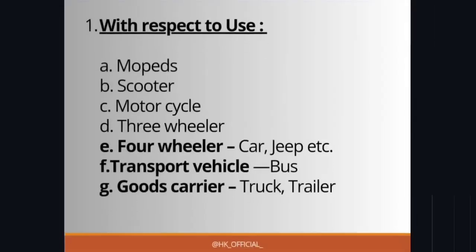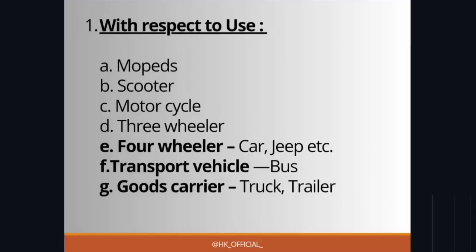But in exams, we have to write about the classification with respect to use, like the points which I have given before. So the very first point you can write is with respect to use, how the automobiles are classified.